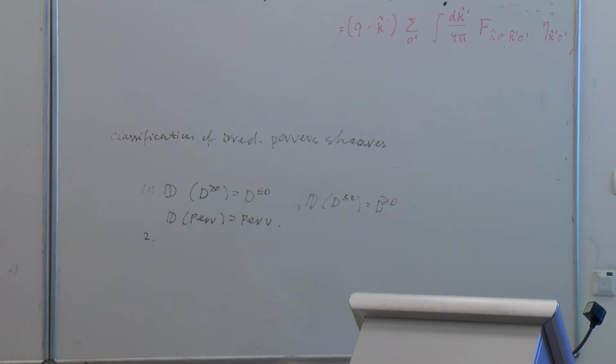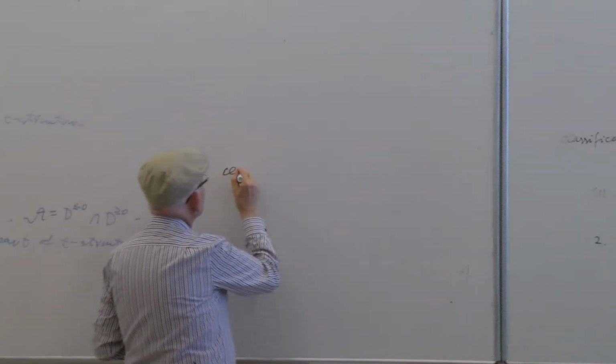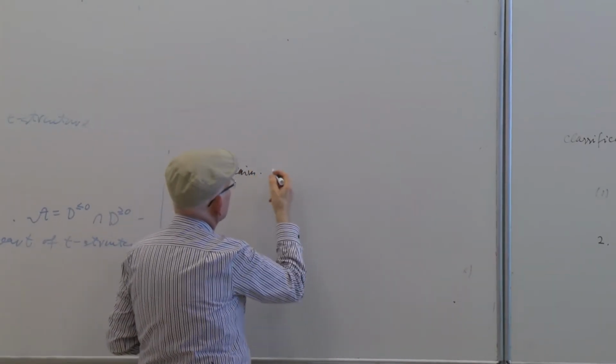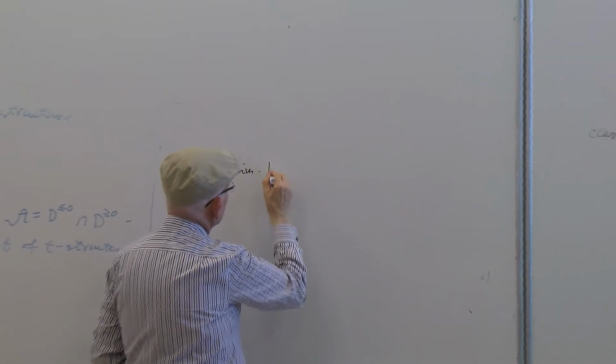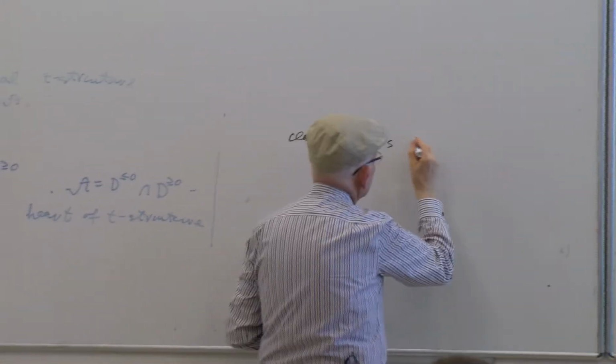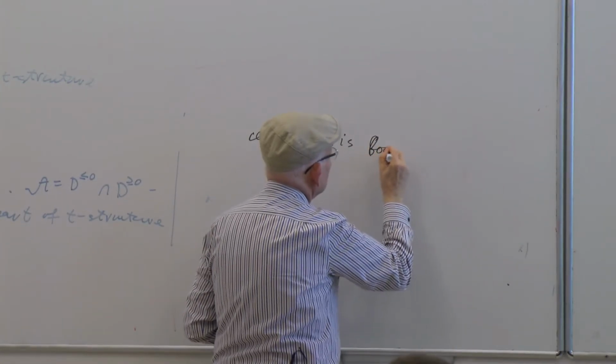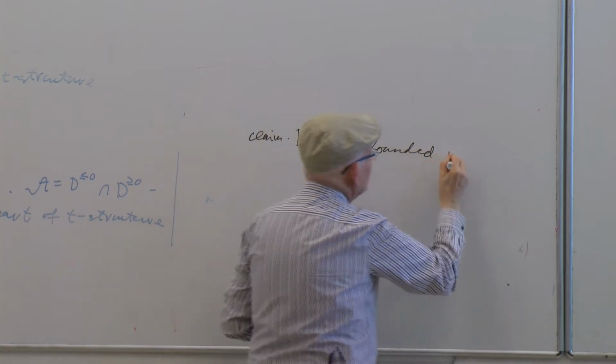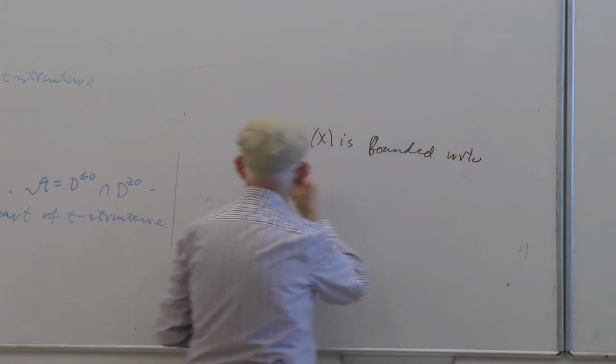So the idea is the following. Claim: this category D of X is finite, bounded with respect to the perverse T-structure.